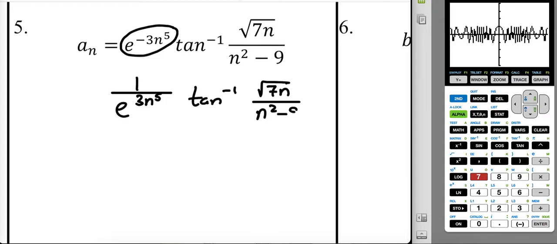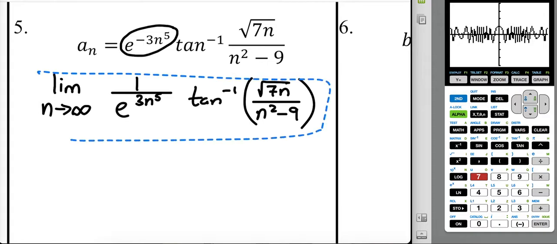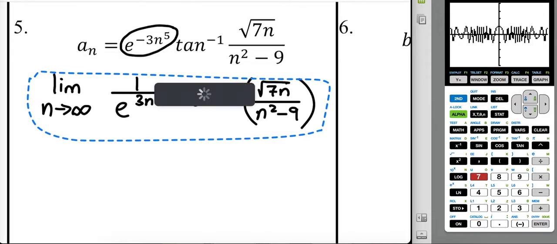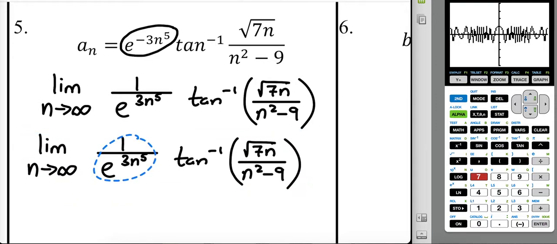N squared minus 9, or inverse tangent I should say. So we're going to find the limit of this as n approaches infinity. Now, one of our properties for limits, and I'll just do a little copy paste action here. Copy, paste. Limit of a product is equal to the product of the limits.